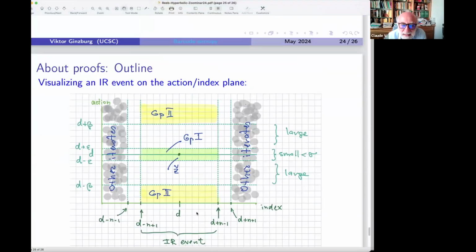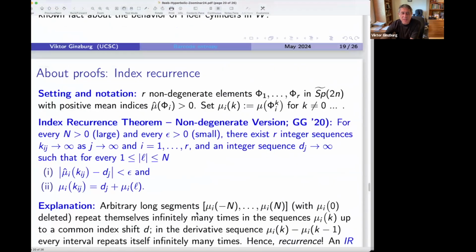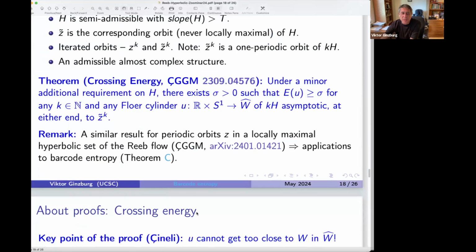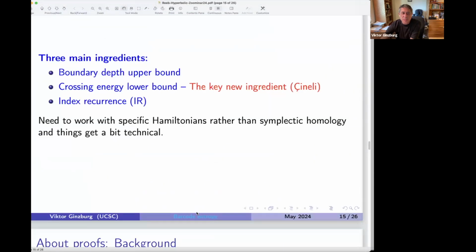When we try to translate this proof to the equivariant version, the index recurrence is a linear algebra statement, so the crossing energy will probably hold. The boundary depth upper bound, as stated, will definitely break down.